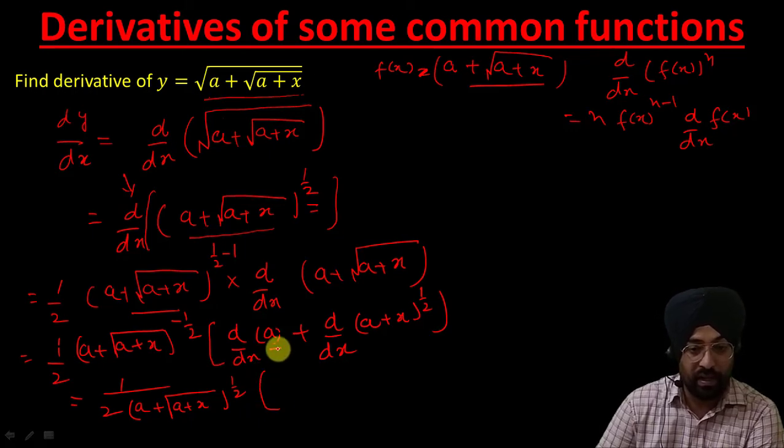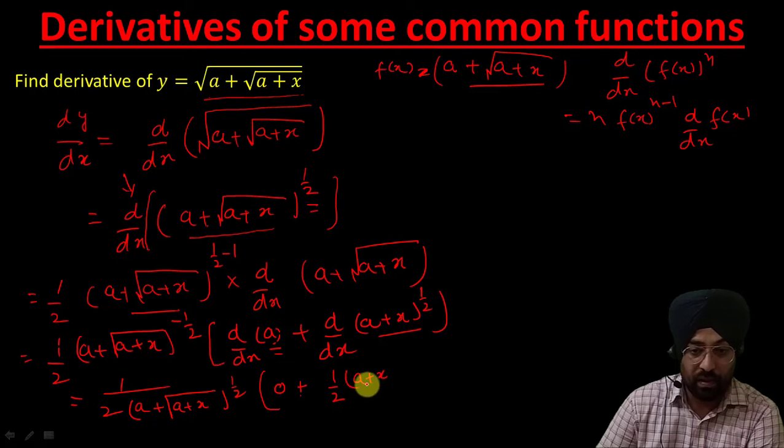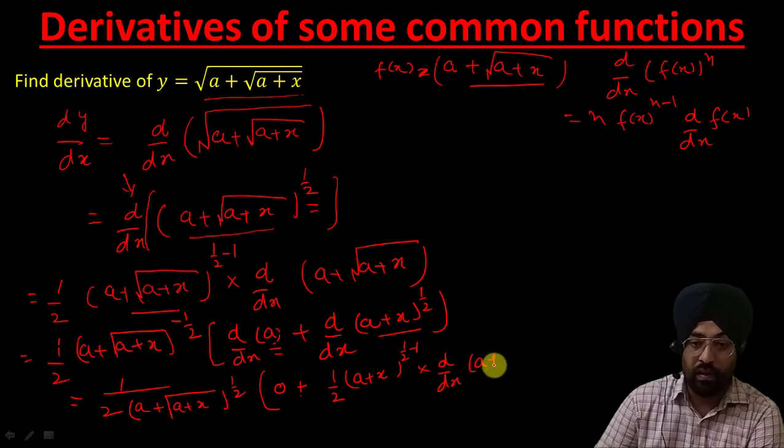In the bracket, the derivative of a is 0, plus its derivative is half. Again applying this formula, half, a plus x to the power half minus 1, into the derivative of a plus x.